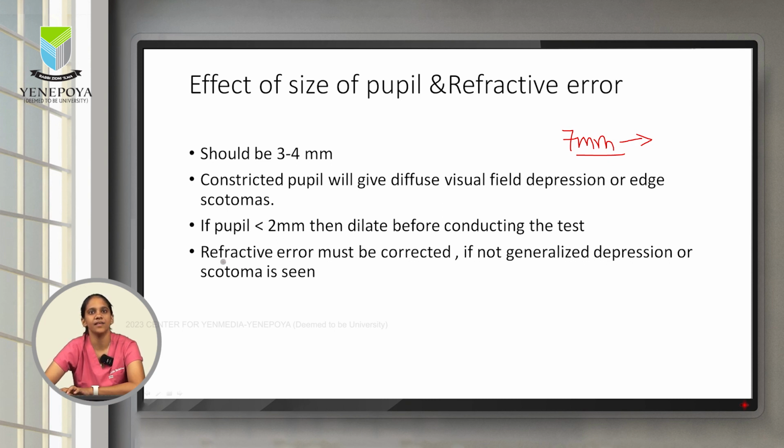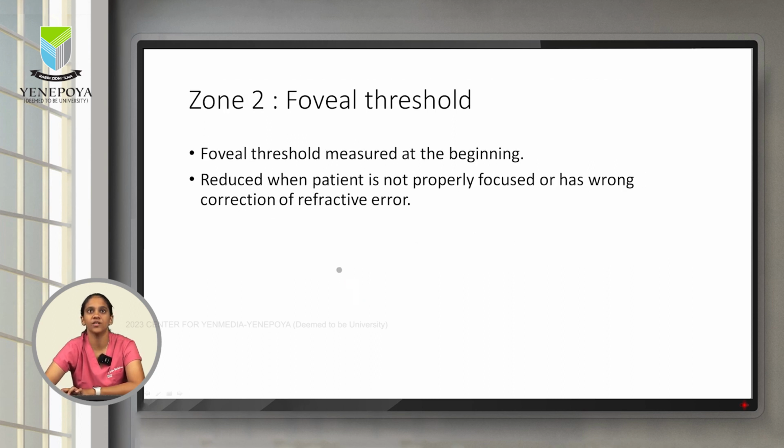And then of course, refractive error. So, the refractive error must always be corrected, if not there will be a generalized depression or scotoma. For example, you have a patient who comes with a best corrected visual acuity of say 6/6. Best corrected visual acuity is excellent, but your foveal threshold, which was measured at the beginning, is reduced. You remember I told you we measured the foveal threshold?